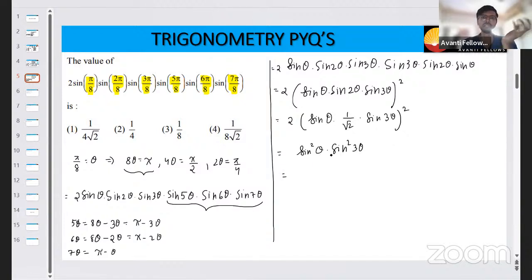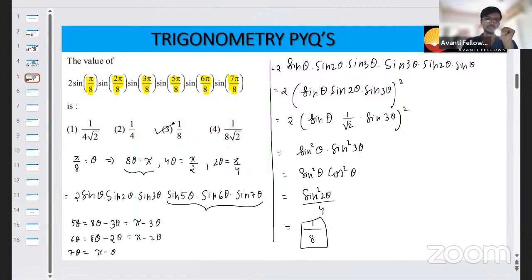What is the relation between 3 theta and theta? 4 theta, which is pi by 2. I can write sine square theta into cos square theta, which by multiplying and dividing by 4, I can write sine square 2 theta by 4. What is sine square 2 theta? 1 by 2 by 4, which is 1 by 8. Yeah, so sorry for my mistake. But yeah, answer is 1 by 8.